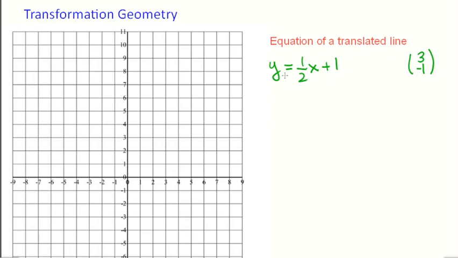However, in this particular case, it's just simpler to follow this other way, because I do know from the equation straight away that my y-intercept is 1, so I know that it's going through here, and my gradient is a half, so that's rise over run.